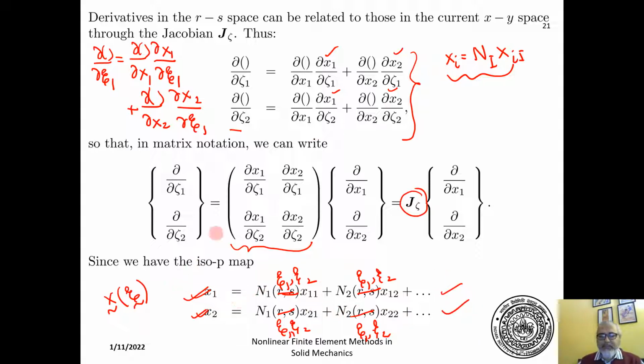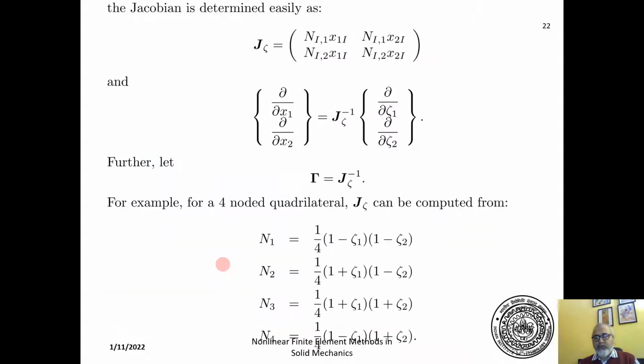So once we have this, we can calculate this quantity. So del xi del zeta j is the derivative of N I with respect to zeta j times x I i. So del x1 del zeta 1 will be del N I del zeta 1 times x1 I. So this is how we are going to write it.